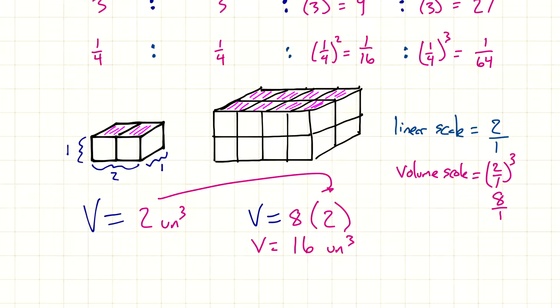So you'll notice we could have easily counted, but in a more complicated or larger case, like if there is 1,000 cubes, we're not going to sit here and count 1,000 cubes. It would be a lot easier for us just to multiply the volume scale factor times the number of original cubes. All right, that's definitely a lot simpler.